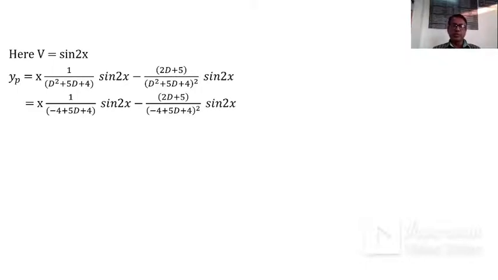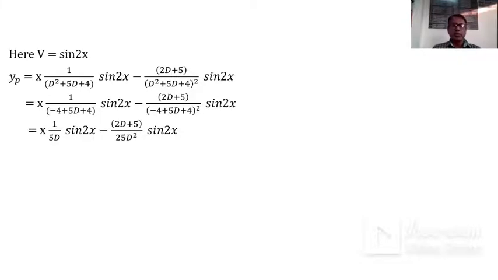We obtain this step: x 1 upon (minus 4 plus 5D as it is plus 4 as it is) operate on sine 2x, minus, numerator is (2D plus 5), divided by (minus 4 plus 5D plus 4) whole square, operate on sine 2x.